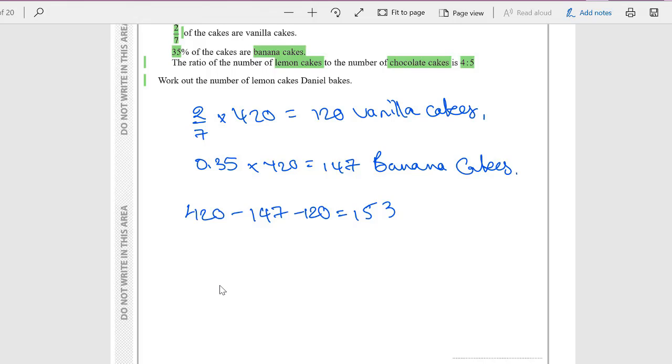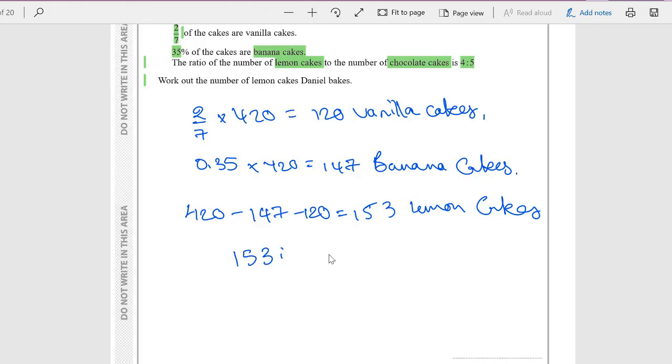So if you think about this, 153 is the number of lemon and chocolate cakes together. The ratio of lemon cakes to chocolate cakes is 4:5.